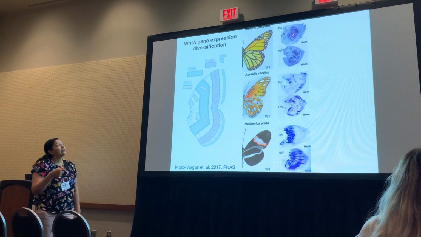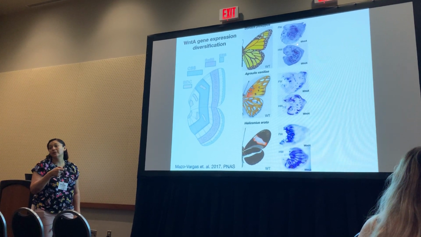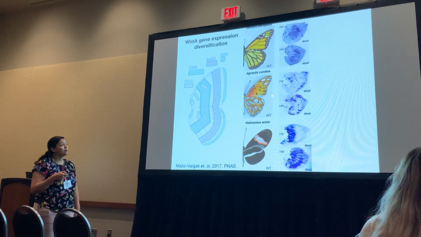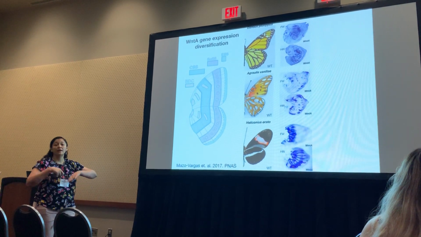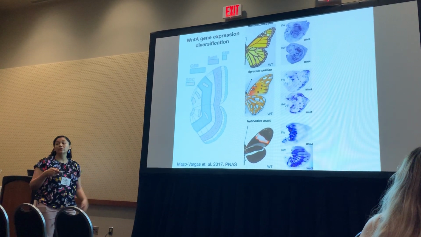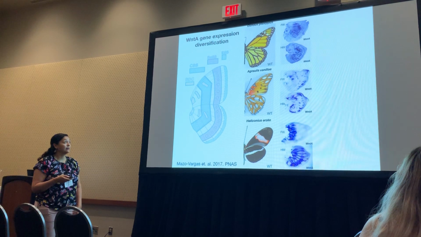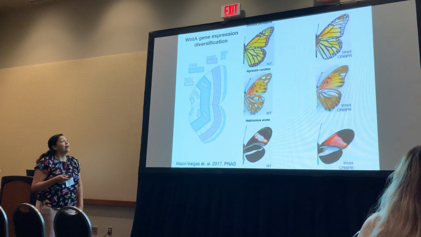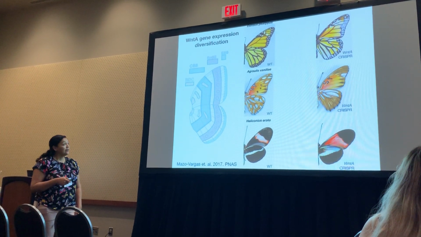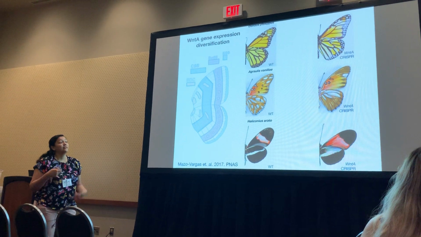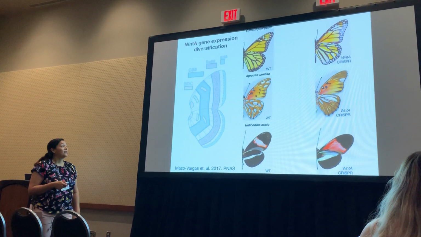And when we look at the expression pattern, the mRNA expression in imaginal discs of the caterpillars, we see a very divergent expression compared to the ancestral expression that I showed you before. And when we knock out the gene, again with CRISPR, we observe drastic changes again in the butterflies.